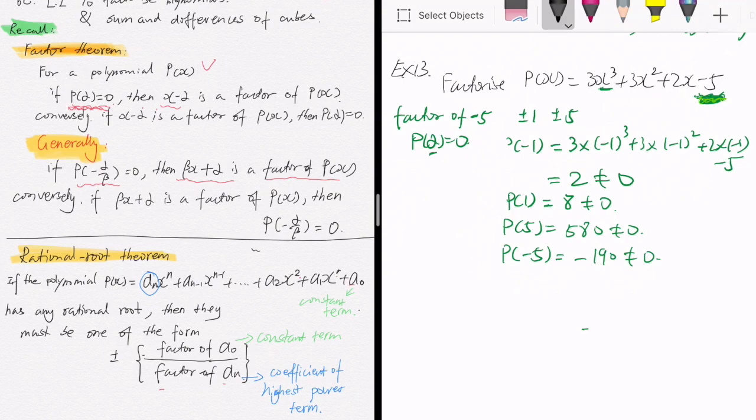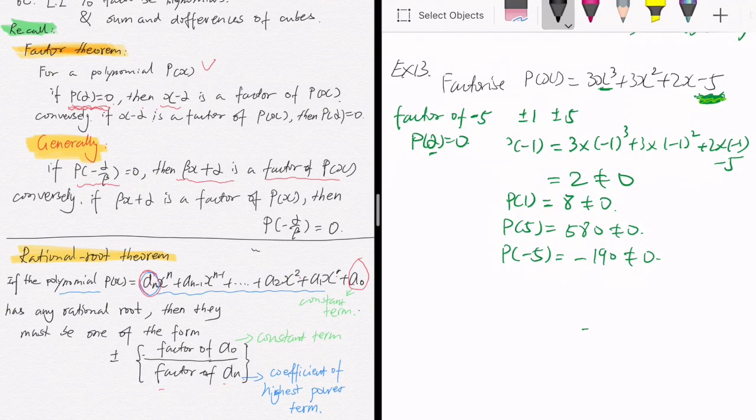So rational root theorem, if you have a polynomial like this, this is my polynomial form. What I would like you to notice is the coefficient of the highest power term, and we also have a0, that is my constant term.